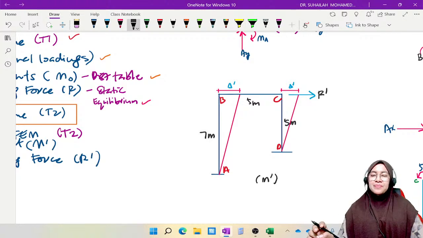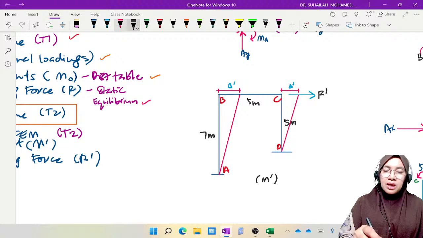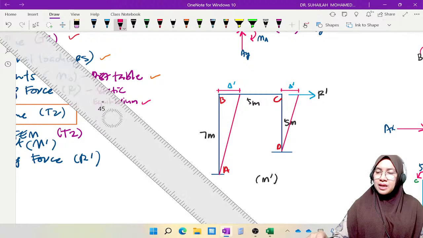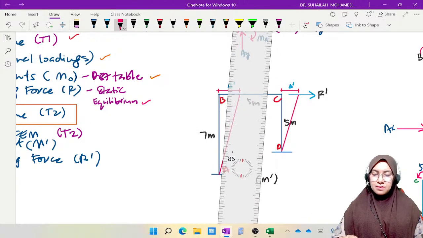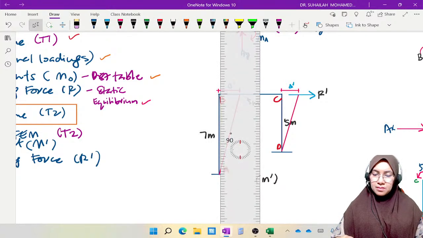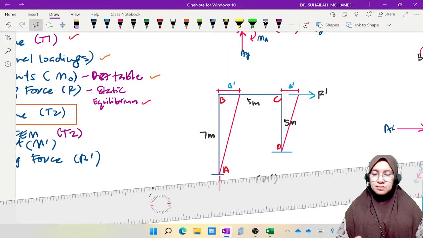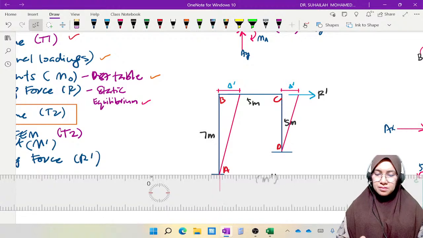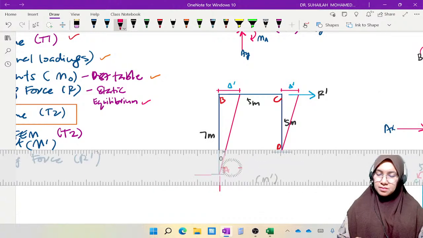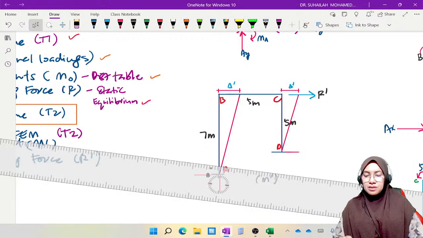And the free body diagram for this frame, we need to label as well. We should put the reaction at the support on the free body diagram.